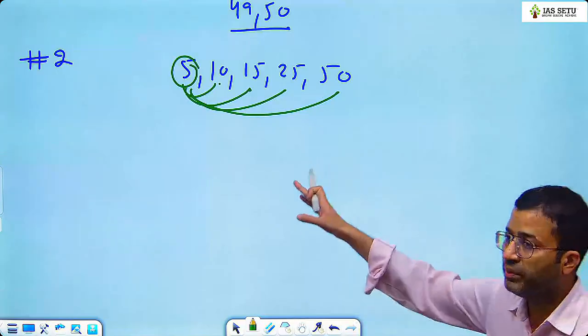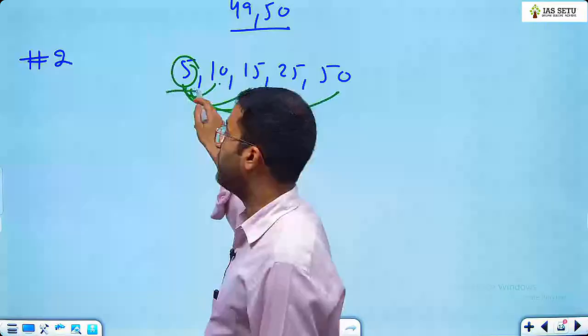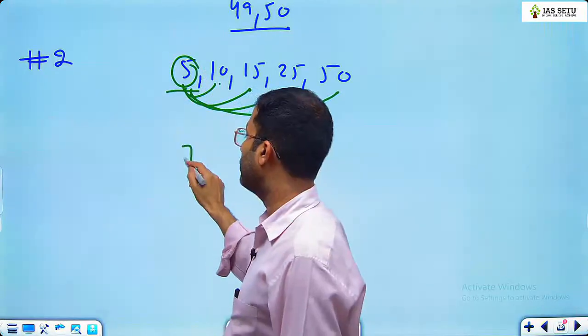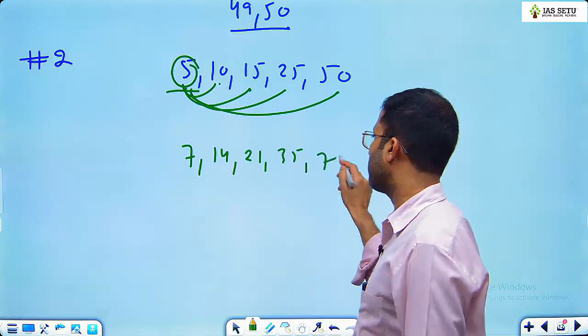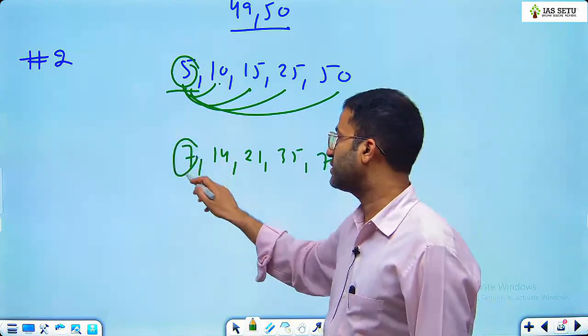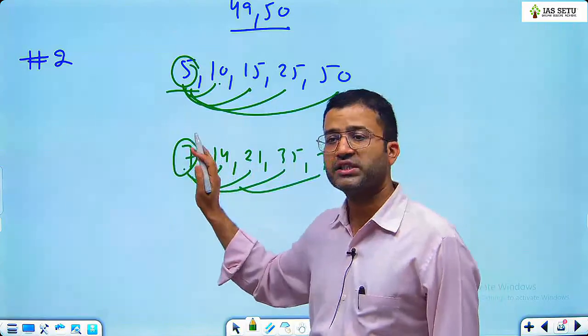You write an example: 5, 10, 15, 20, 25. So here 5 is the HCF. We write one more example: 7, 14, 21, 35, 70. Since 7 is a divisor of all the remaining numbers, what is the HCF of these numbers? 7.